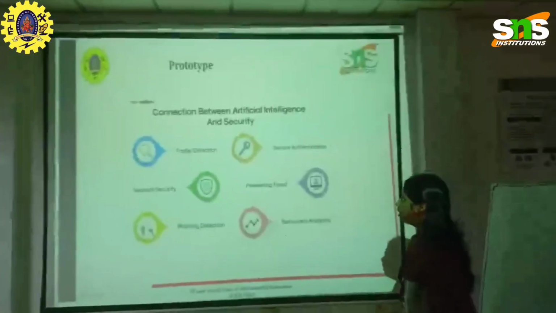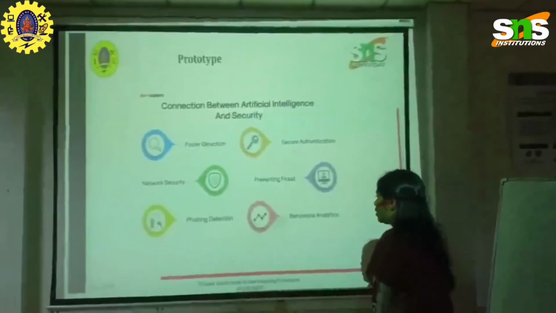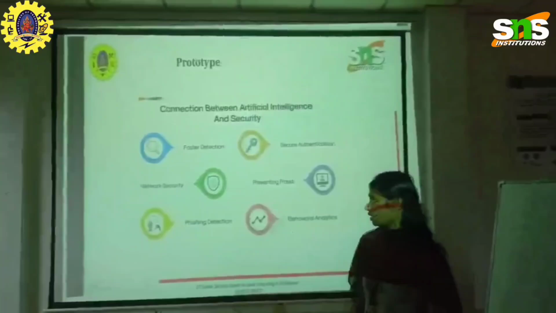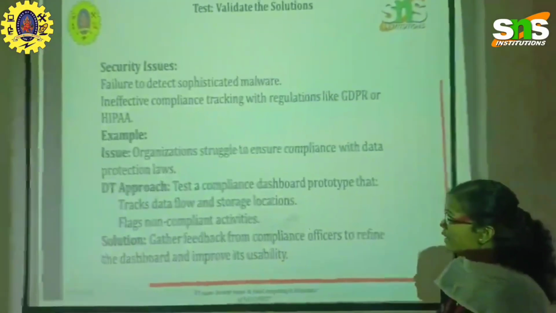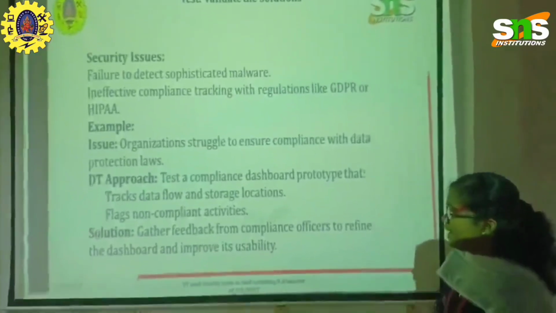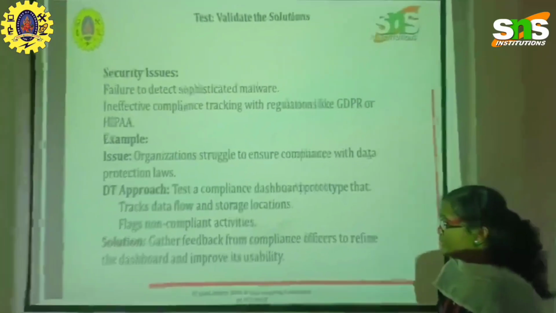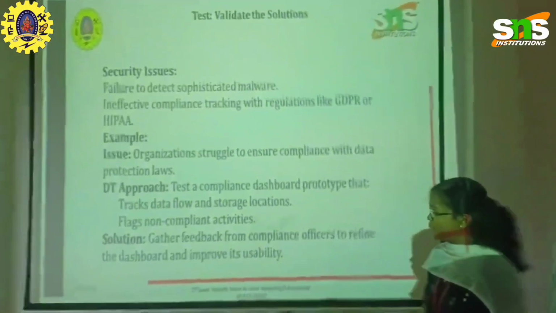Defense and security: faster detection, secure authentication, network security, fraud prevention, and behavior analytics. Security issue: failure to detect sophisticated malware and ineffective compliance tracking with regulations such as GDPR or HIPAA. For example, the issue: organizations struggle to ensure compliance with data protection laws.